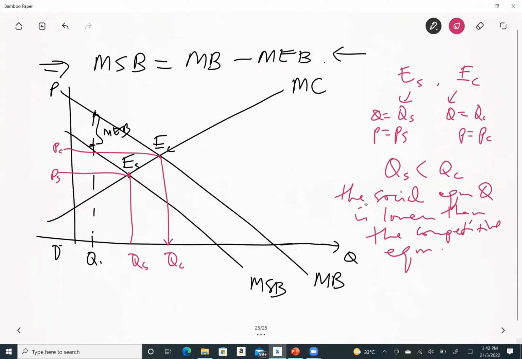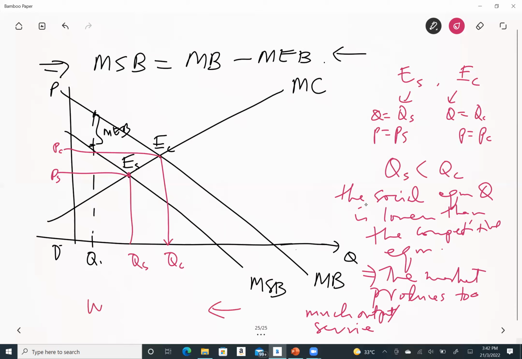Now, what does it imply? It implies that the market produces too much output. The society wants less, and the market produces too much.